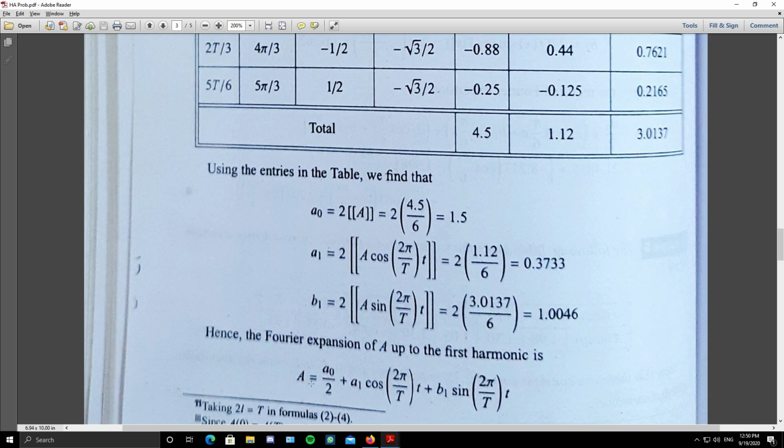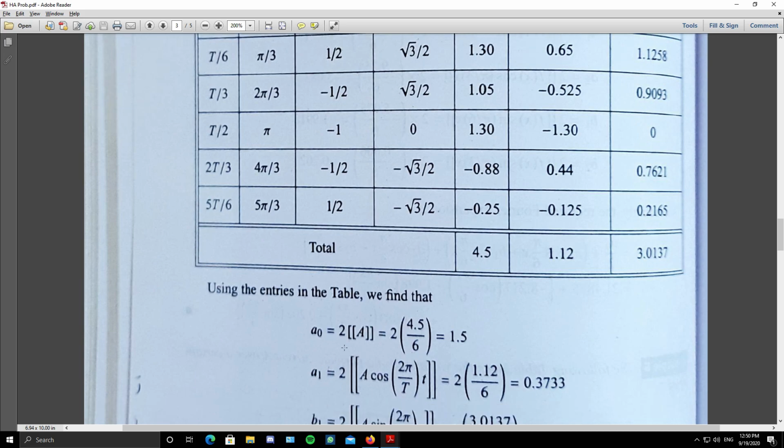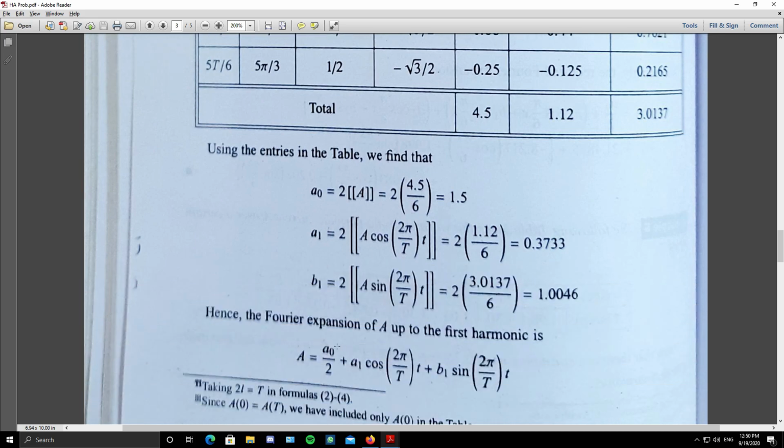What is a0 by 2? 1.5 by 2, plus a1, that is 0.3733 cos theta, plus 1.0046 sin theta. So this completes the question.